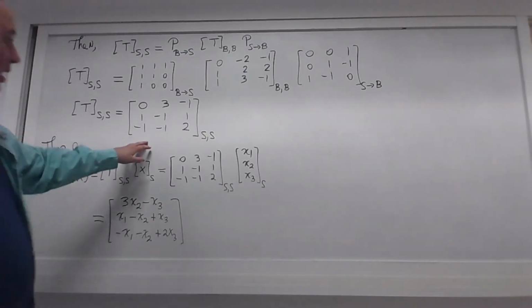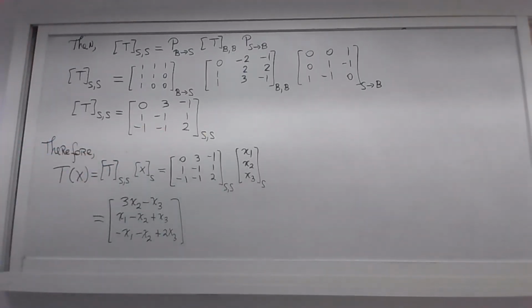Okay, so that's it. But now that we have this, we can actually discover what the linear transformation, or the linear operator, was from the beginning. We didn't know what it was. But now, since we have the standard matrix, it's going to be easy to find out. We just need to multiply the standard matrix by the standard coordinates of a vector. So in the standard basis S, this is equal to the components of the vector, obviously. So just do the product.